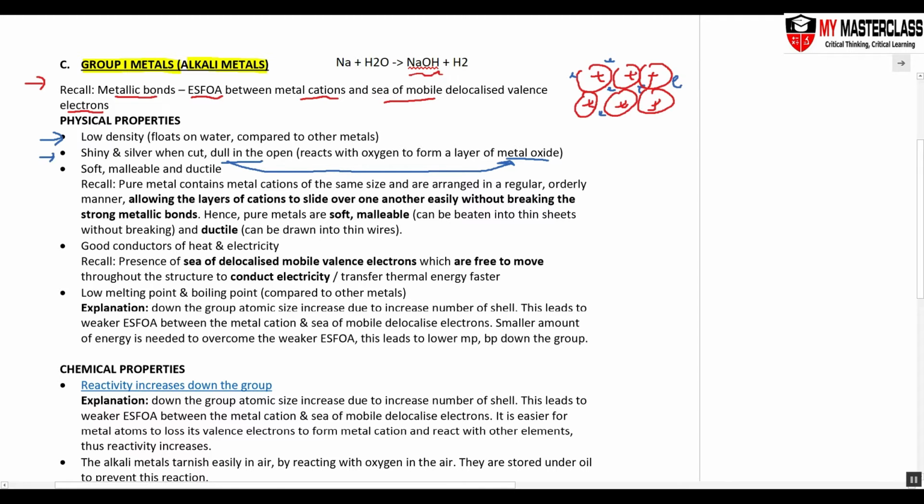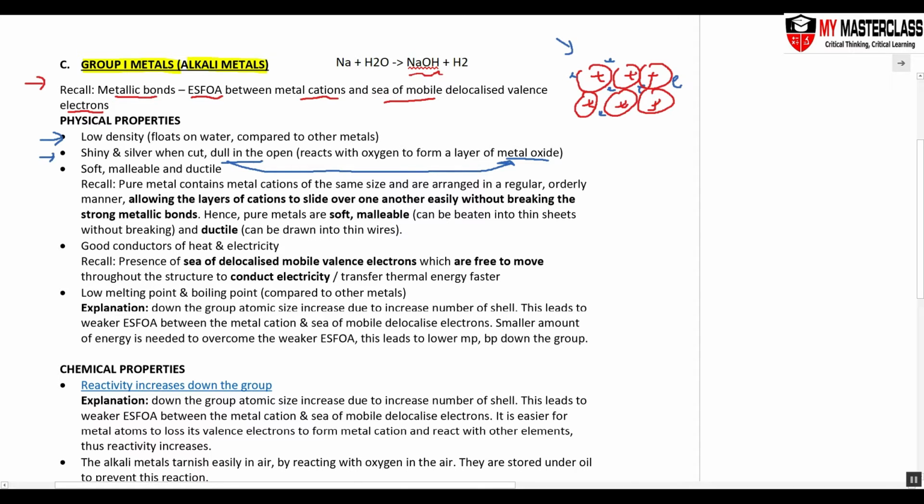Okay, metals are soft, malleable, and ductile. So pure metals contain metal cations of the same size, regularly and orderly arranged. And then I have a sea of delocalized electrons.